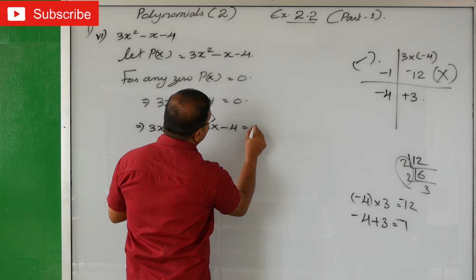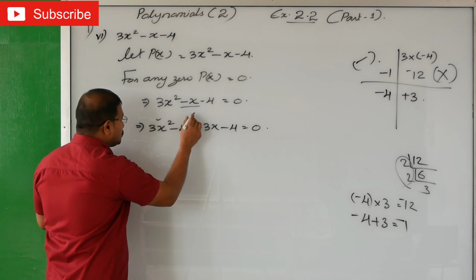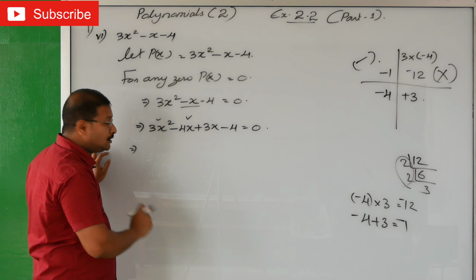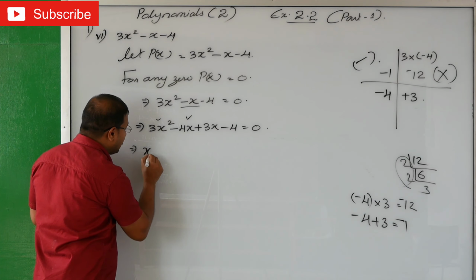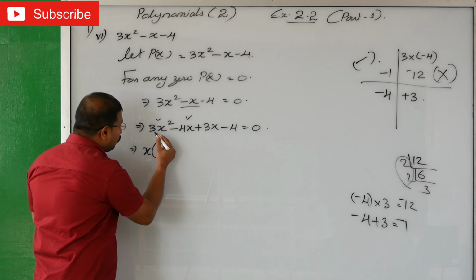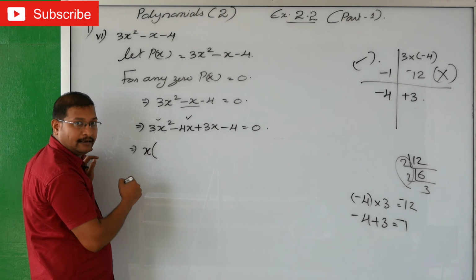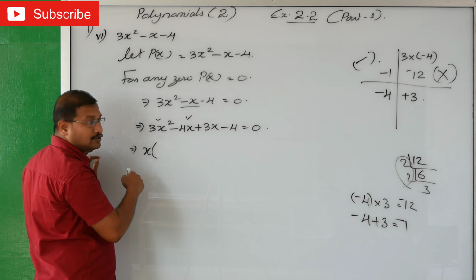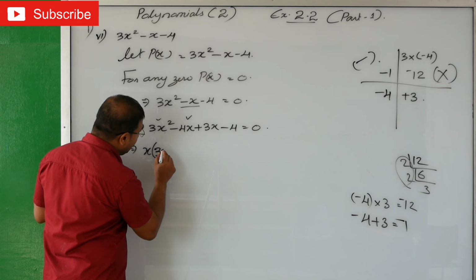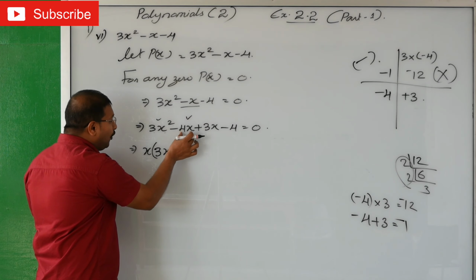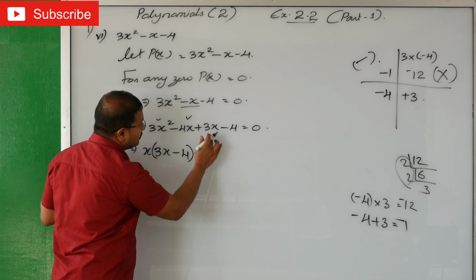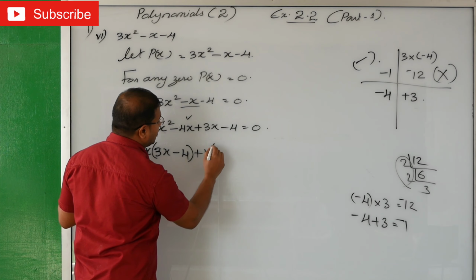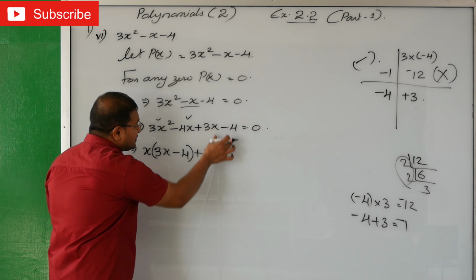Minus 4 equal to 0. From these two terms, what you can take common? This time 3 we can't take, 4 we can't take, but we can take x as common. Ready? So 3x square, we took x outside. X square means 2 times, 1 we took outside. So balance is 3x minus. From 4x we took x outside. The balance is 4 plus. These two are the same, that means we will take 1 as common. 1 common means the same term will write.